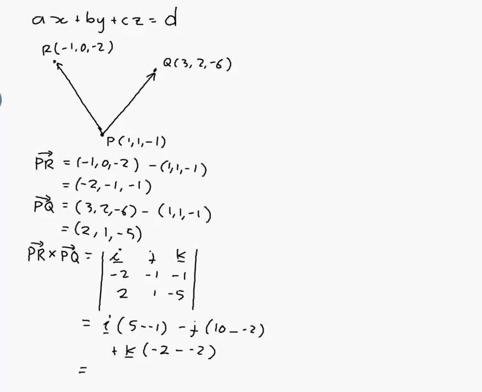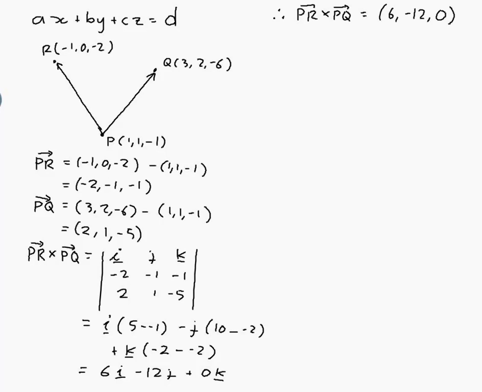So I would get 6i minus 12j plus 0k. So therefore my cross product PR cross PQ is equal to (6, -12, 0).